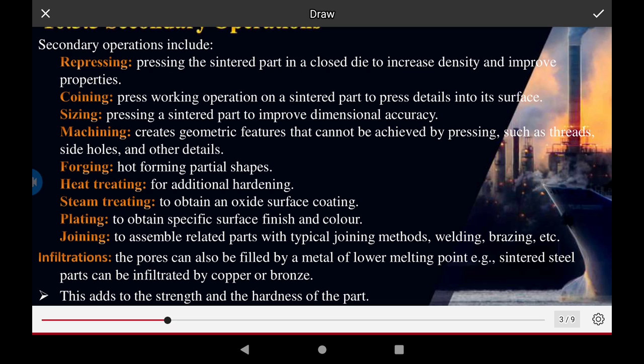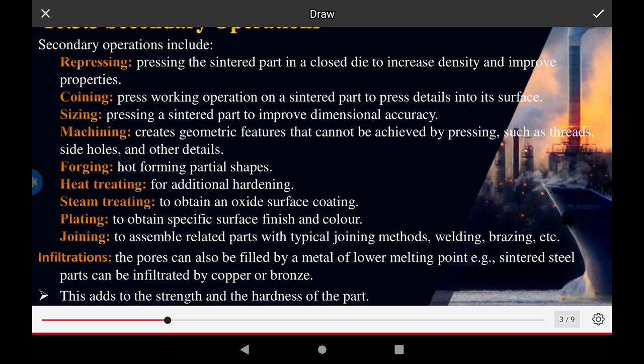Coining is a working operation on the sintered part, pressing detail into the surface, which is achieved for the metal powder, and it gives a very smooth surface to the product.